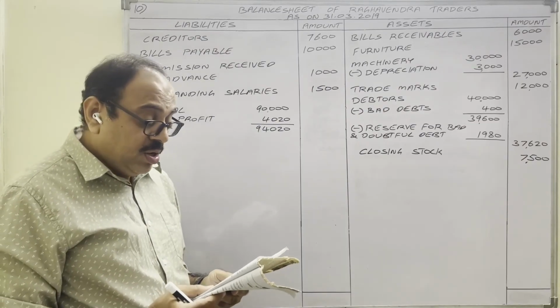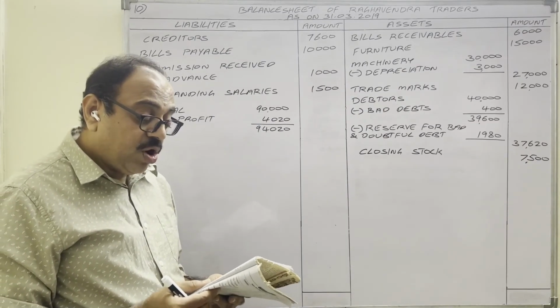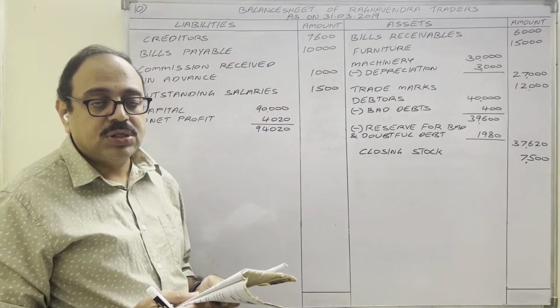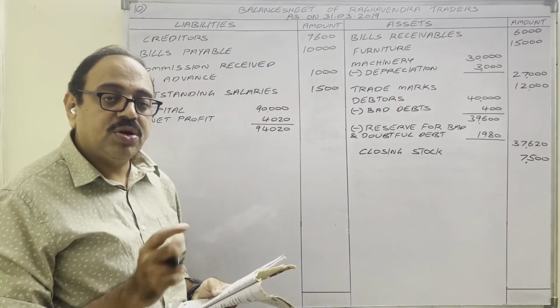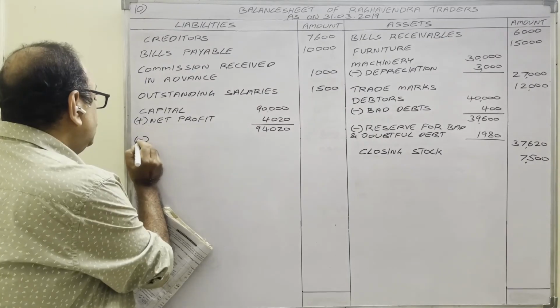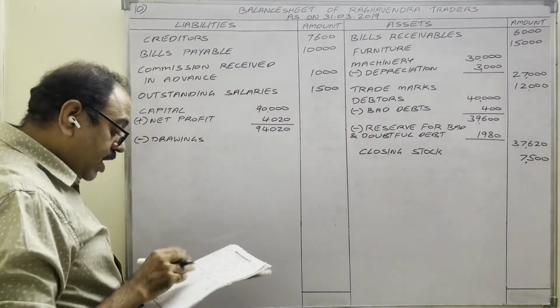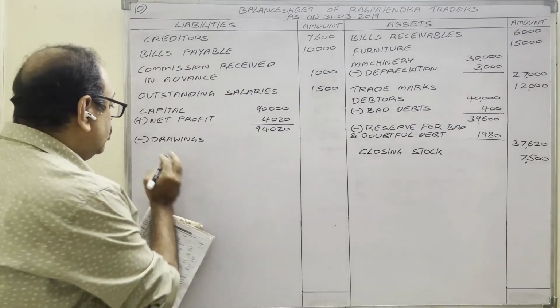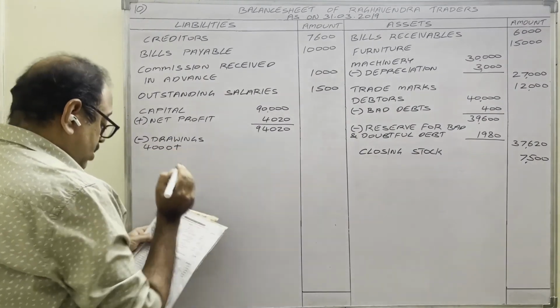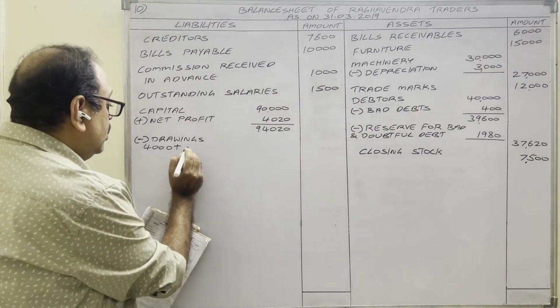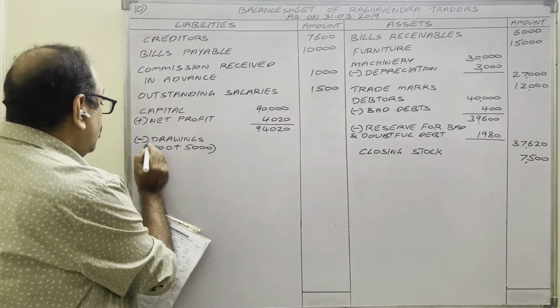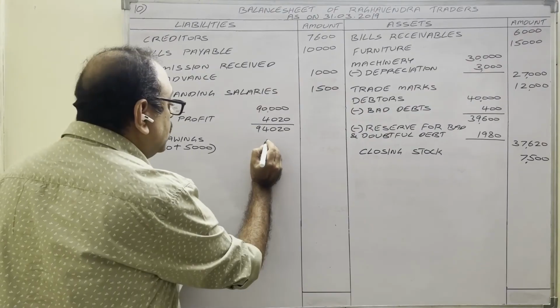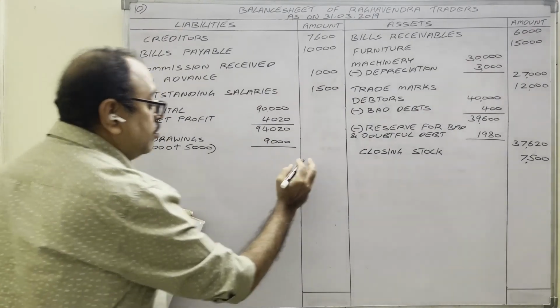Sixth point, goods worth 5,000 withdrawn by the owner for his personal use. These two drawings amounts we have to subtract here. Minus drawings. Trial balance amount 4,000 rupees plus adjustment drawings 5,000 rupees. Total 9,000 rupees.